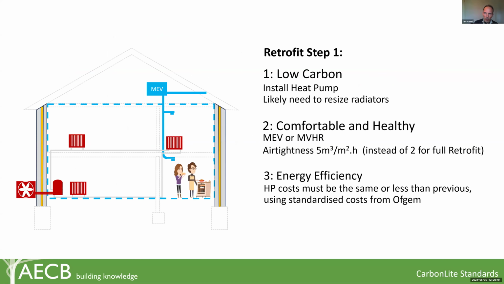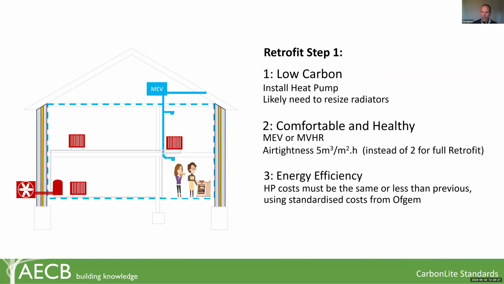So just a summary on step one, it's low carbon. You install a heat pump. You're likely to need to resize the radiators. It's got to be comfortable and healthy. Air tightness is 5 instead of 2 for full retrofit. And energy efficiency, I haven't really mentioned this, but the heat pump costs must be the same or less than the previous heating system.